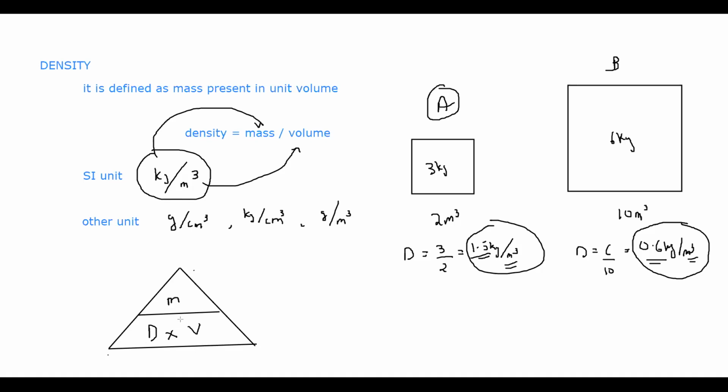And if I need volume of an object, it will be mass divided by density. So how much matter is present in a specific volume, we call that as a density, and it is a scalar quantity. So when we say it's a scalar quantity, means it does not have any direction. For a density, you don't specify or use a direction. Is it clear? How much matter or how many particles are present in a unit space or a unit volume is known as density.